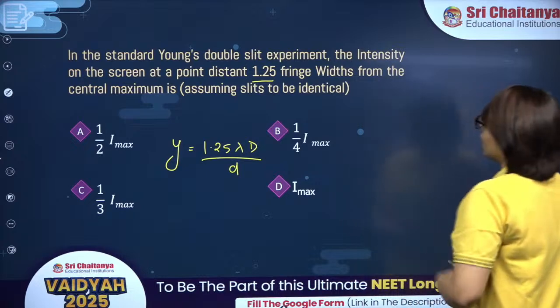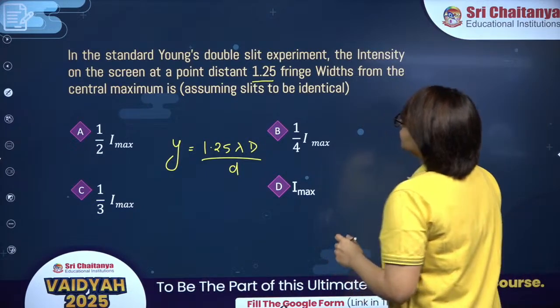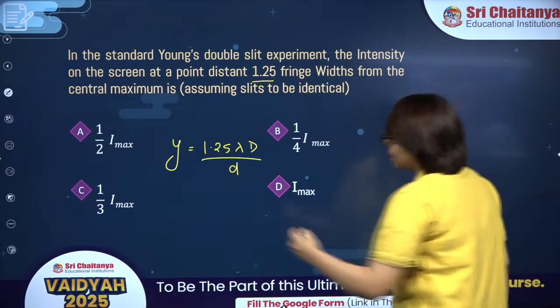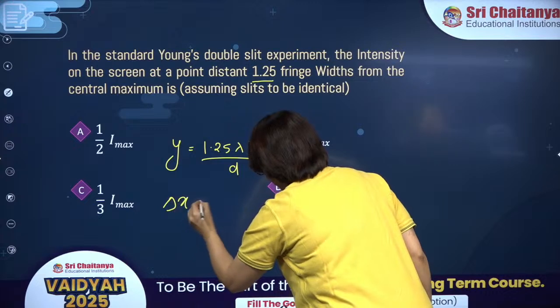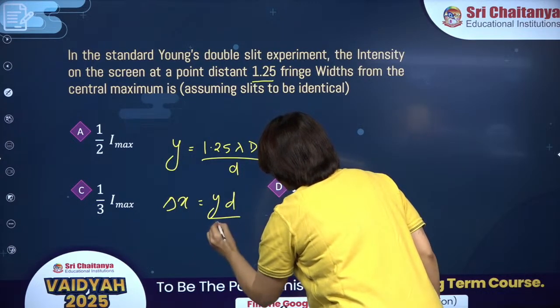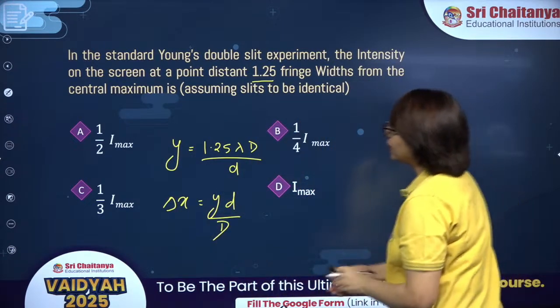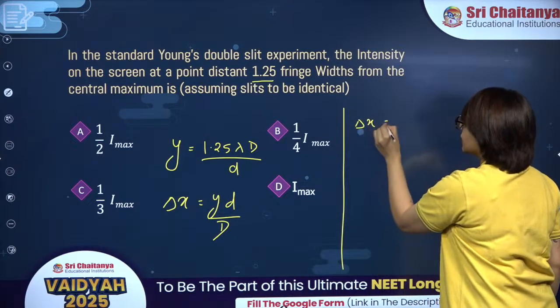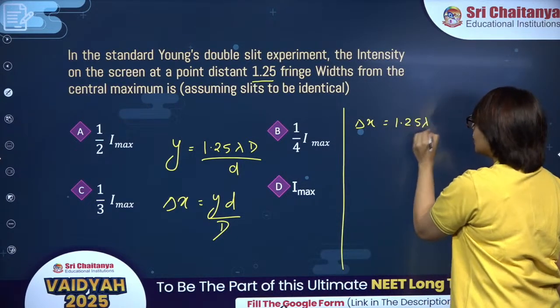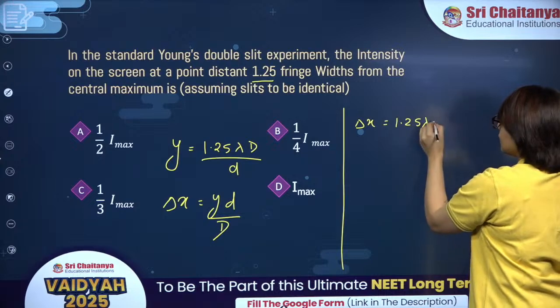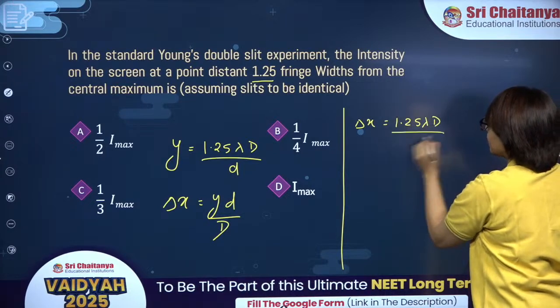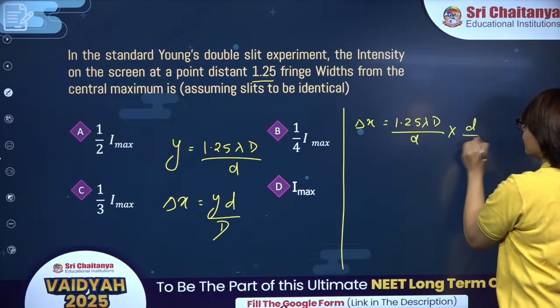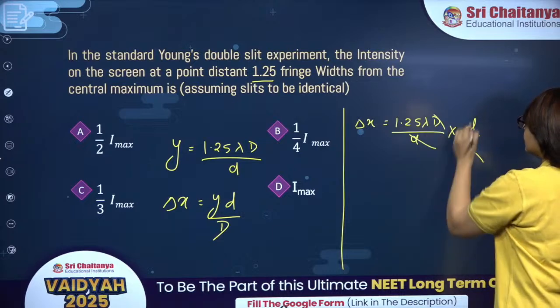Now if you look at the path difference, the path difference is yd upon D. Y is given this much. So let's find the path difference delta x as 1.25 lambda D upon d into d upon capital D. Cancel, cancel, cancel.